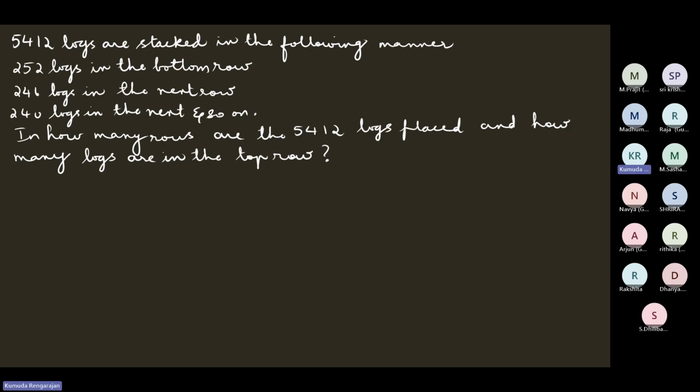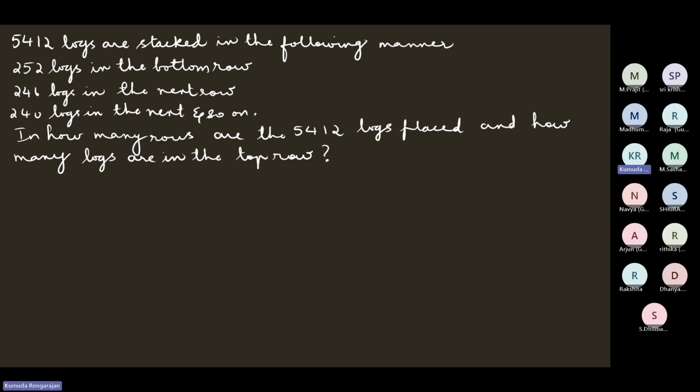In the bottom row, 252 logs are placed. The bottom row is on the ground, and you start stacking the logs from the ground level, 252 logs. Above that, 246 logs. Above that, 240 logs. So you continue arranging like this.